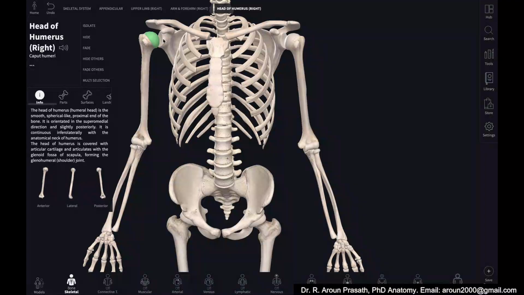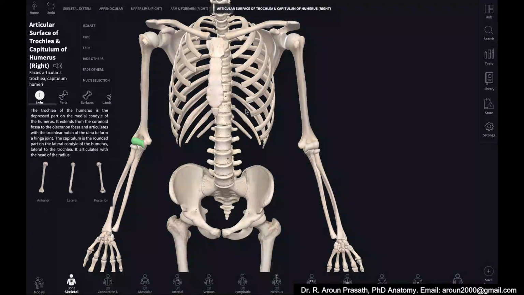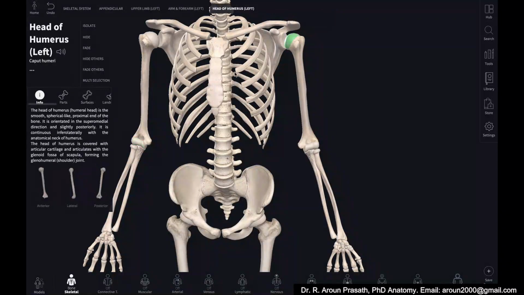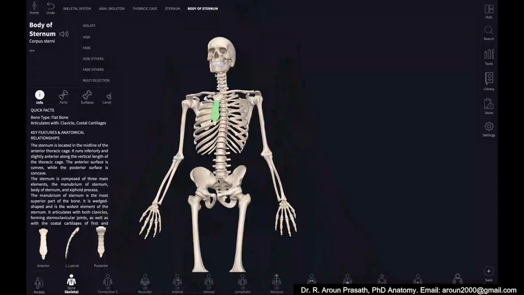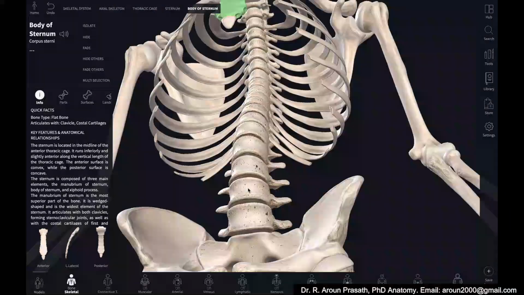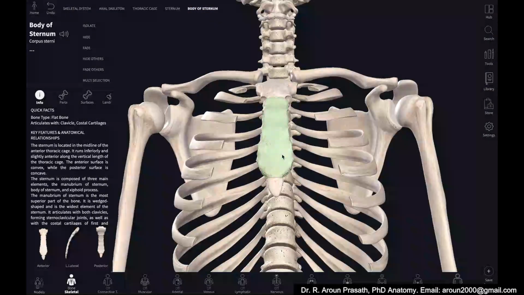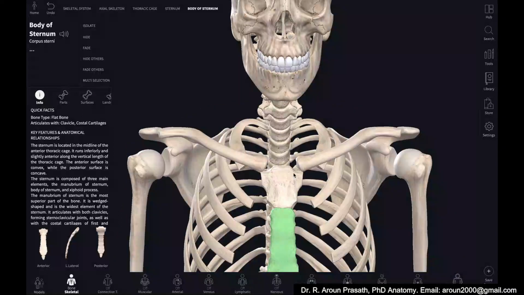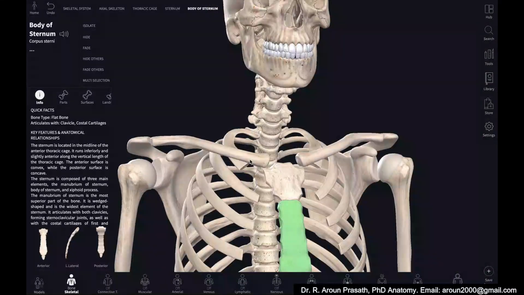These are the hyaline articular cartilages in all the articulating bone areas. Apart from this, you also have the fibrocartilaginous discs between the vertebral column, and between the two pubic bones. We will discuss cartilage in more detail when we study arthrology, the study of joints.